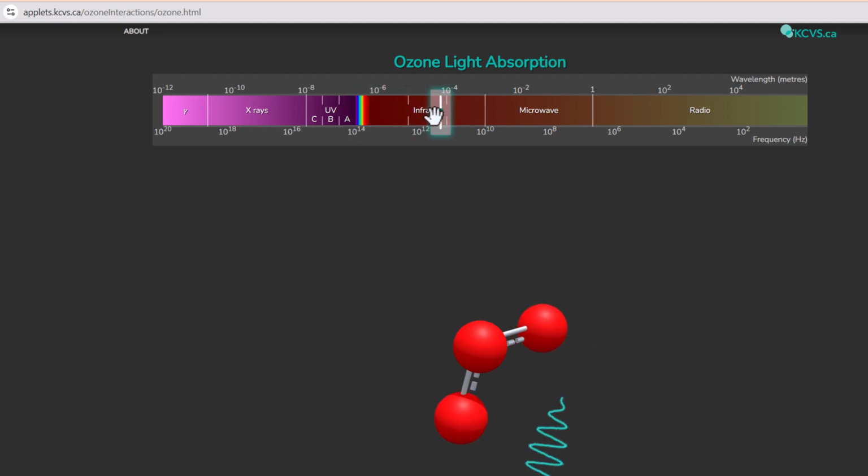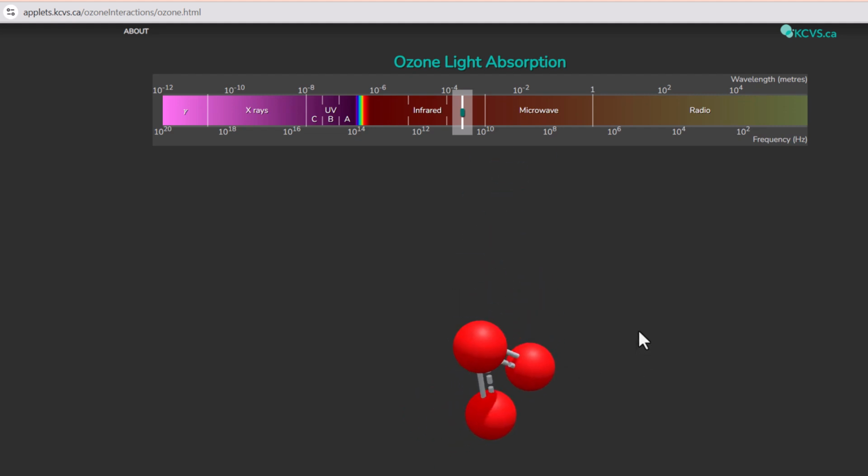If we bump it up to infrared and wait for one of those photons to interact, then we see that the pattern of vibration or oscillation of the atoms in the molecule changes. We can adjust it again, and again we see that it creates a different vibration pattern in the ozone molecule.